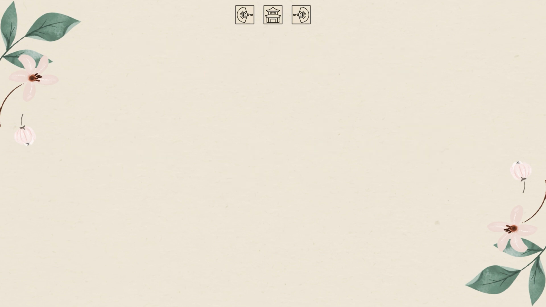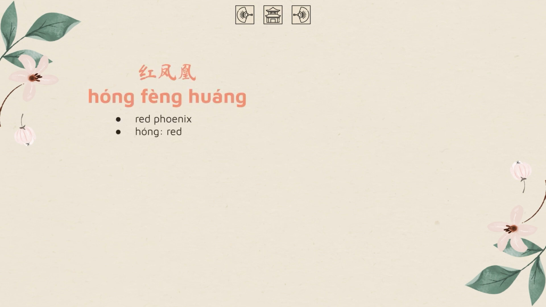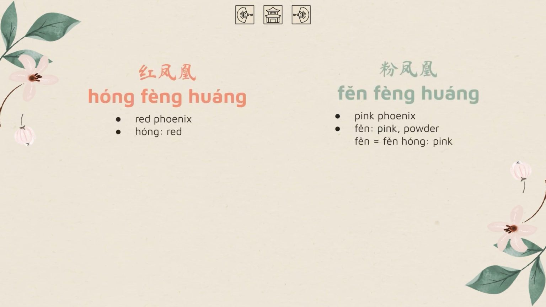The next line is 红凤凰, 粉凤凰. 红 means red, as we went over 粉红. 粉红 means pink. A red phoenix. 红凤凰. 粉凤凰 is a pink phoenix or pink phoenixes, since in Chinese, we don't really have to indicate if something is plural. 粉 could mean pink by itself.